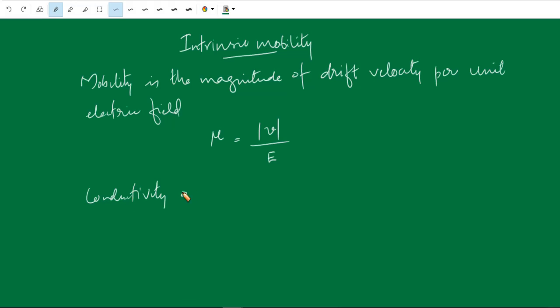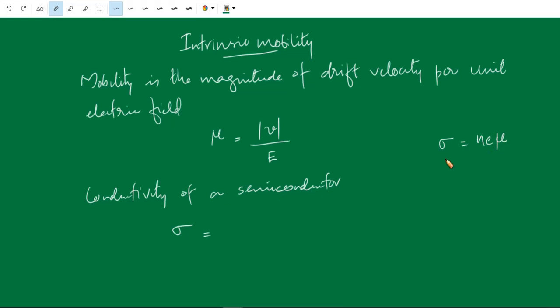conductivity of an intrinsic semiconductor is given by sigma. We know for a conductor, sigma is equal to Ne mu, because in a conductor the electrons are the charge carriers. But in the case of a semiconductor, there are electrons as well as holes. So we can write sigma as Ne mu E, where N is the electron carrier concentration, plus there will be a hole contribution also.